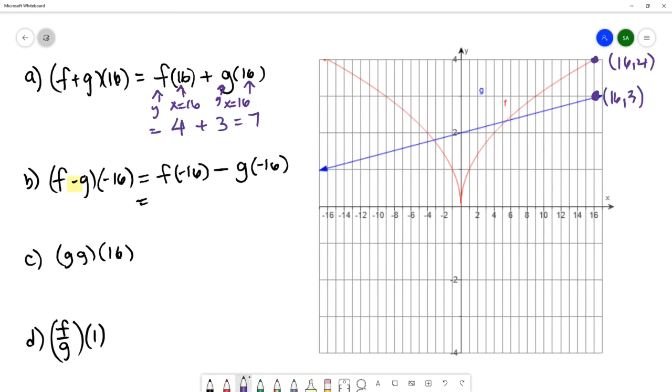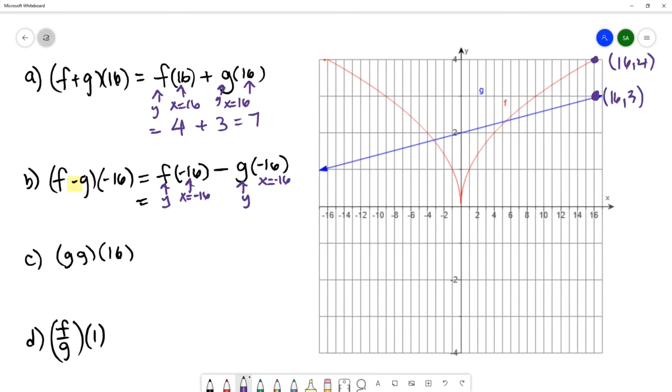So I need to identify an x value of -16 and find the y for f, and an x value of -16 on g and find the y.